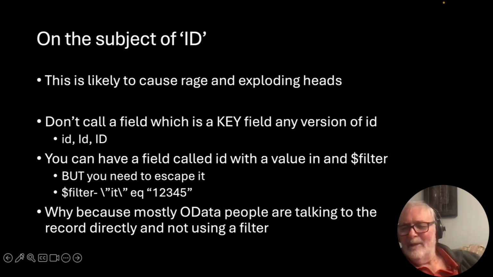And I said a couple of days ago, we've moved into a land where OData has its own set of reserved words, and this is about calling a field ID, or any variation of ID, however you call it, if that field is your key value field.